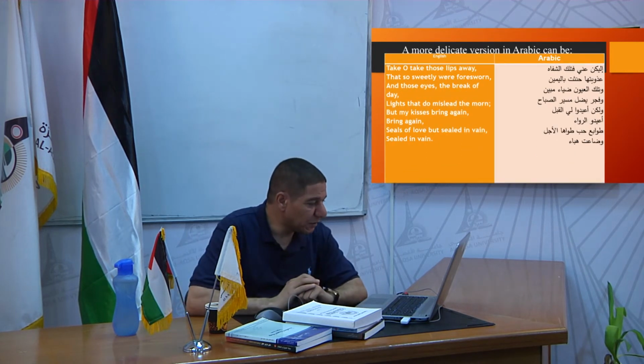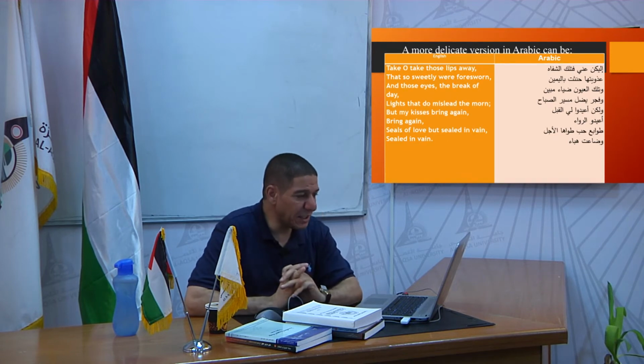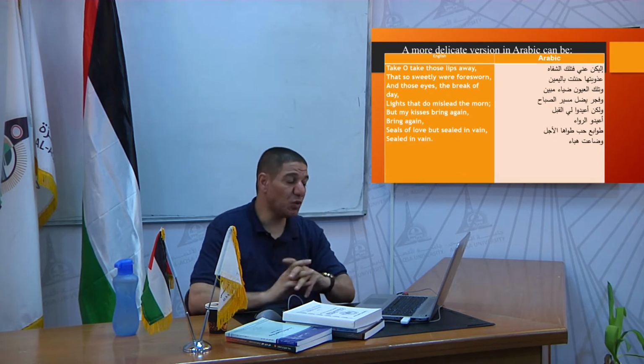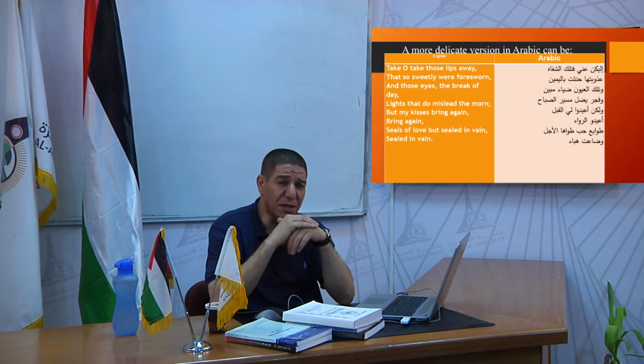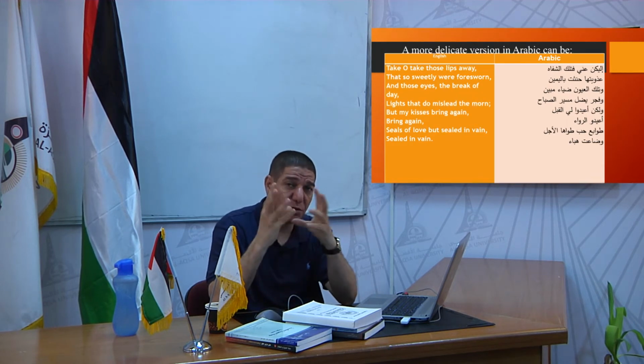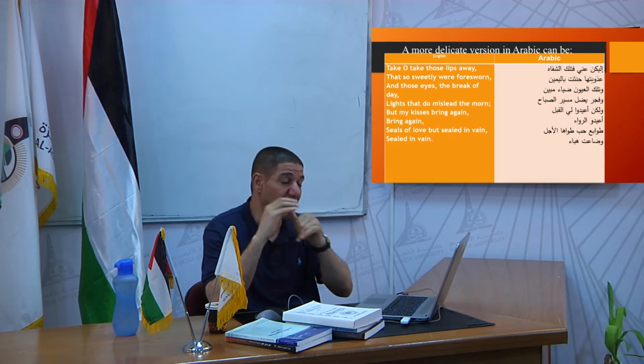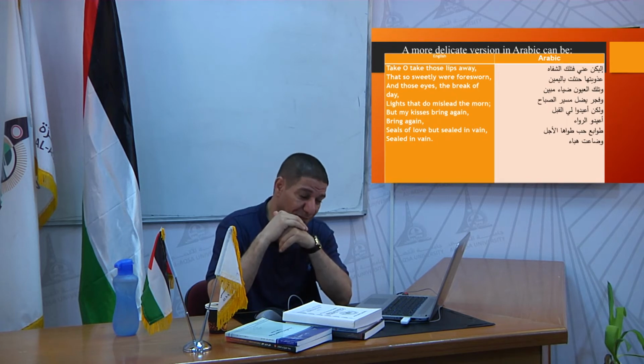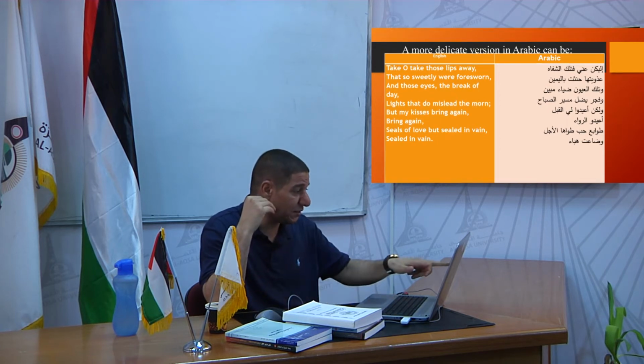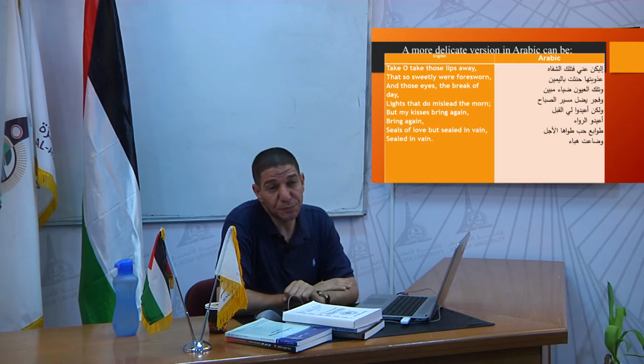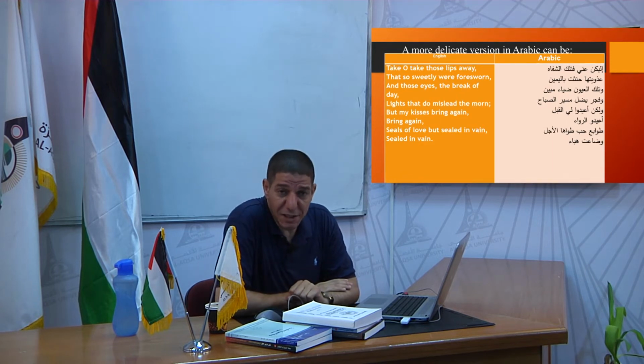This is another translation. إليكن عني فتلك الشفاه عذوبتها حنثت باليمين. Remember in the introductory class we talked about class word shift. This is a good example of class word shift. And when we translated sweetly into في عذوبة, this is a class word shift.